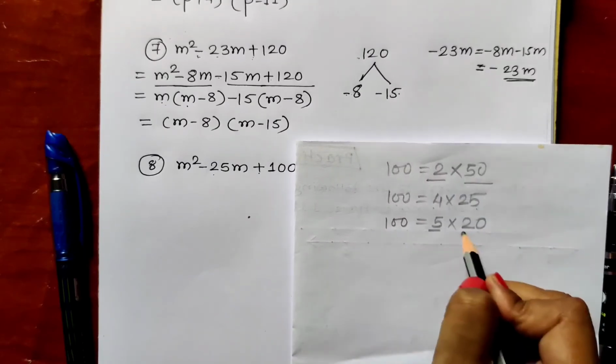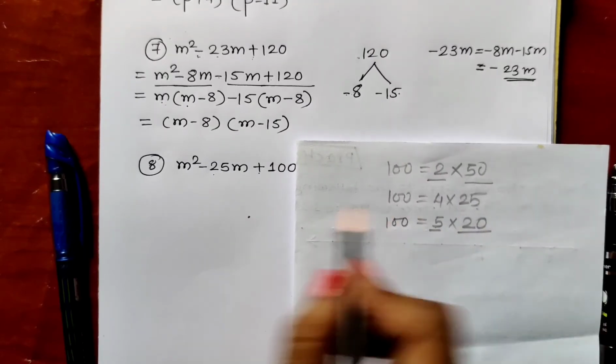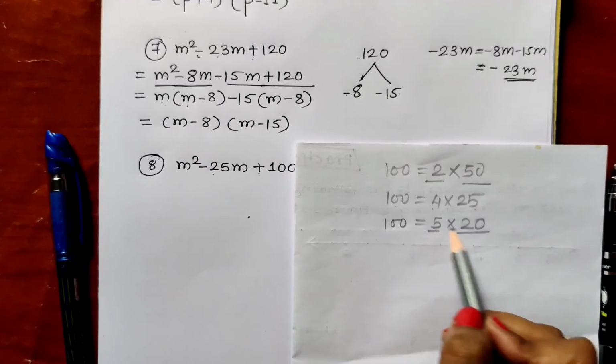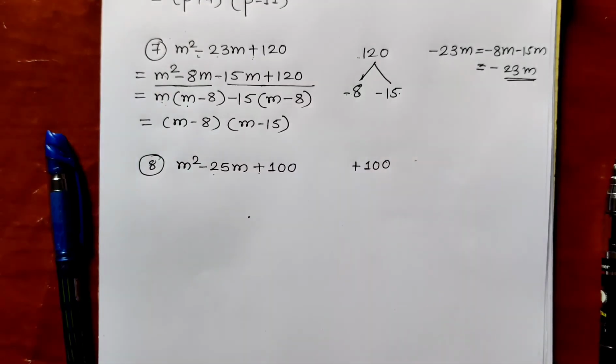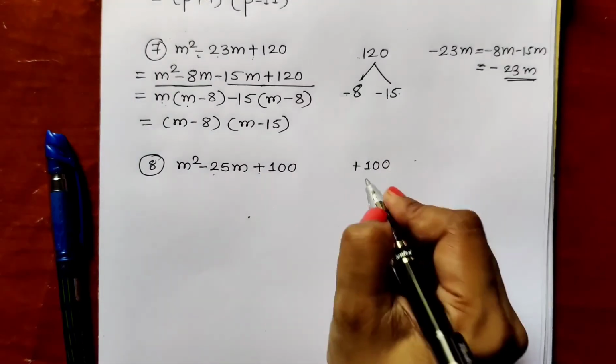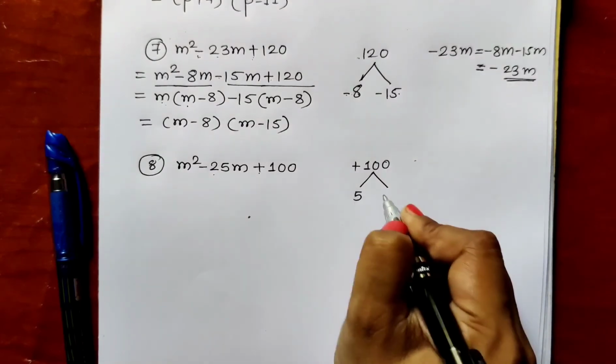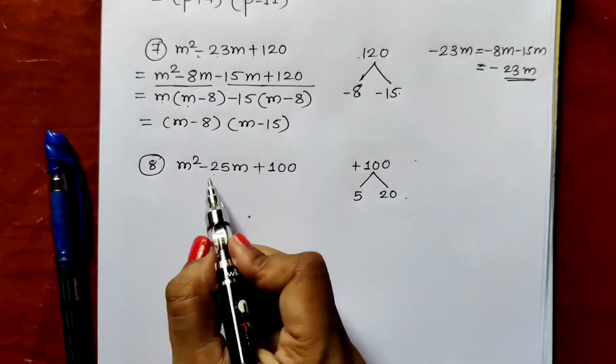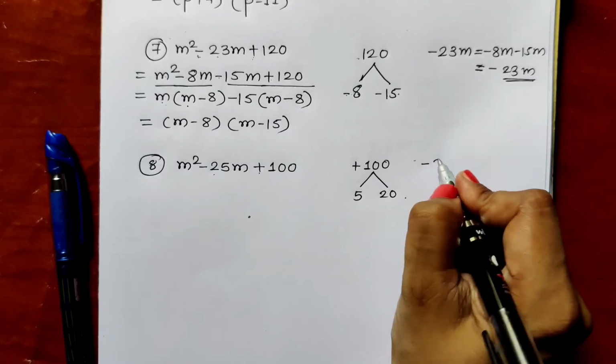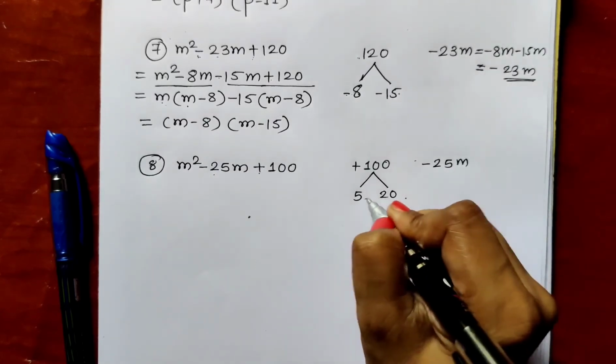Two factors of 100 are 5 and 20. 5 plus 20 is 25. So we have to take these two factors, 5 and 20. Now we have to split the middle term minus 25m into these two terms.